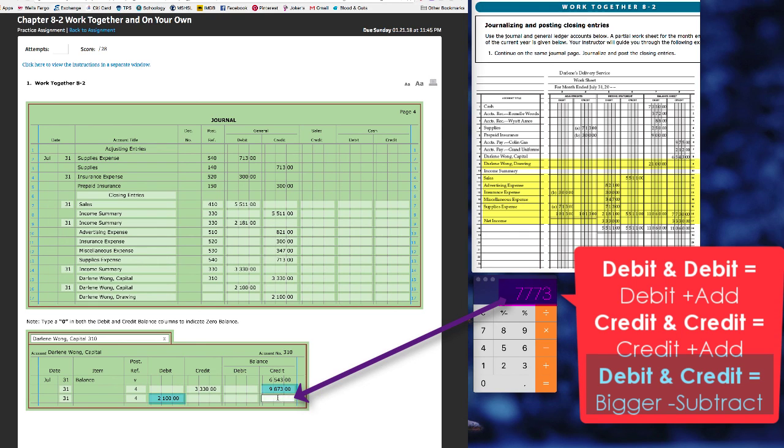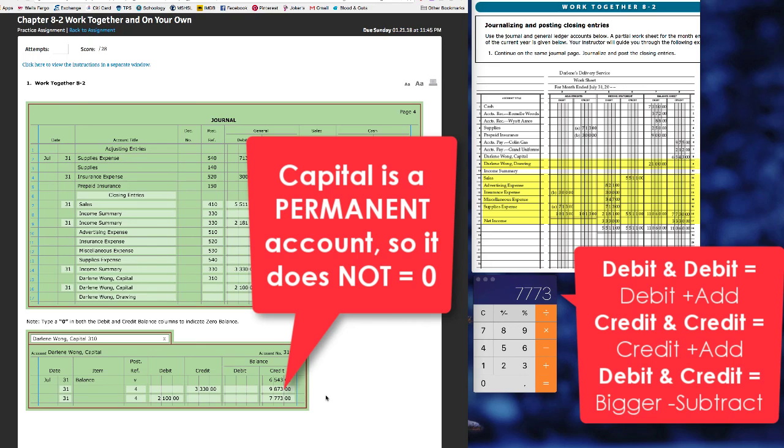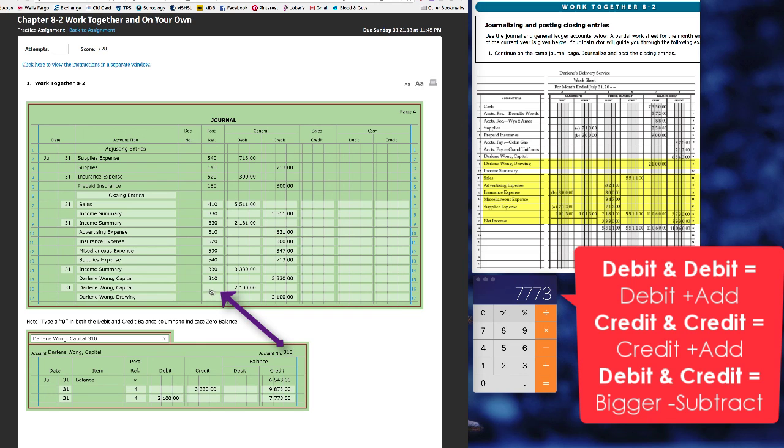So the credit was bigger. So 7,773. If you're wondering why this isn't 0, don't be nervous. Your capital account won't actually be closed out. Remember, we're closing out our temporary accounts to 0, and capital is a permanent account, so it will be more than 0. And then we bring up our account number, 310.